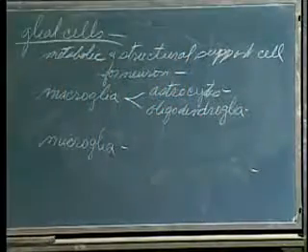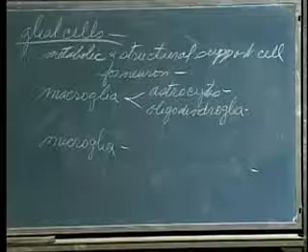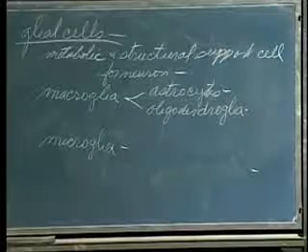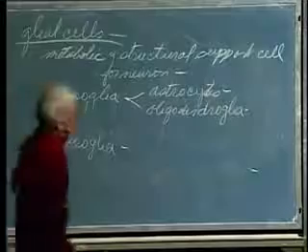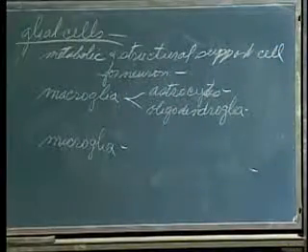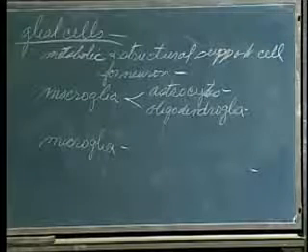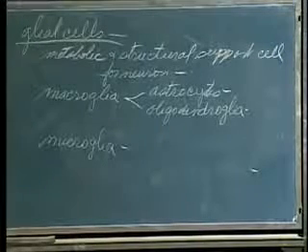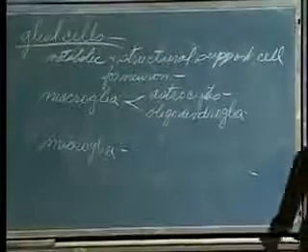Now the macroglia are derived from ectoderm. For those who haven't had any embryology, there are 3 germ layers from which all tissues of the body are derived. And it's interesting when you're trying to find out functions of cells, do they all have the same derivative or are they different?